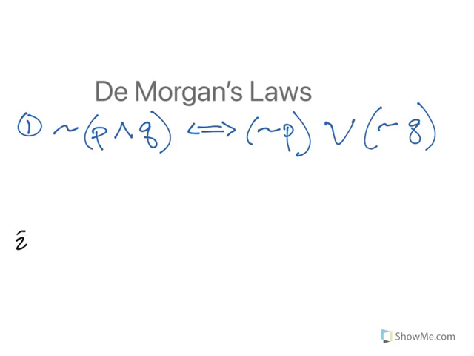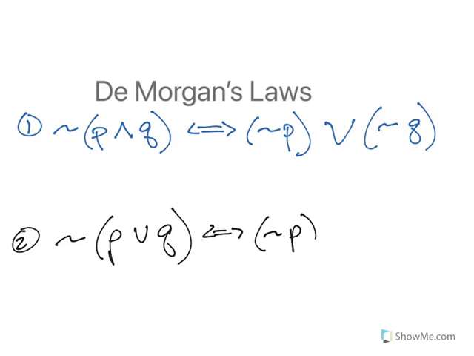The second one says not (P or Q), the disjunction, if and only if not P and not Q.